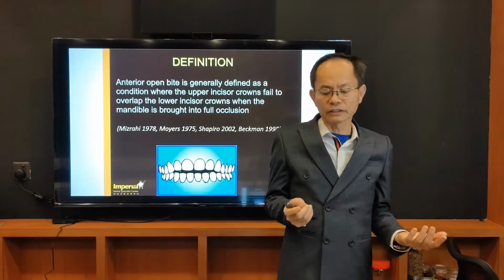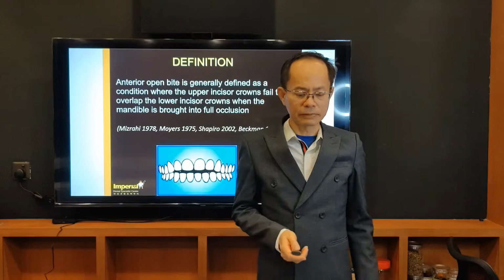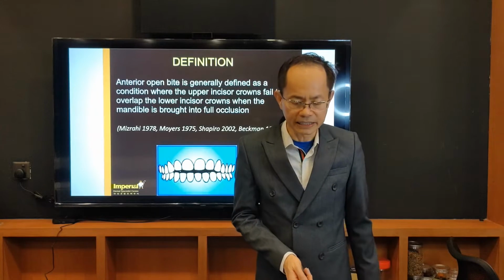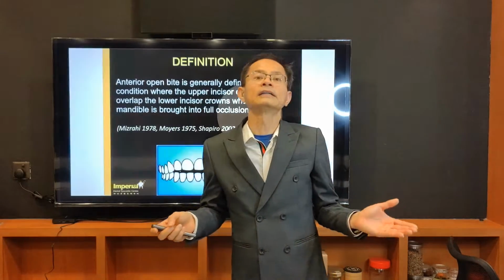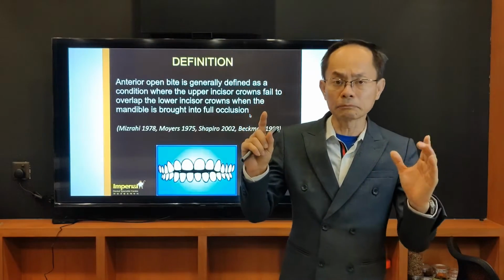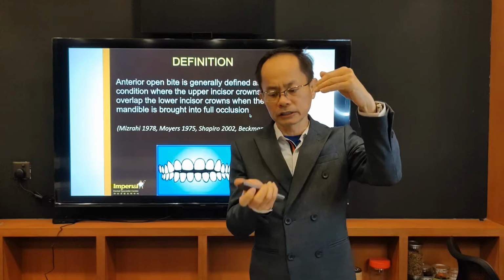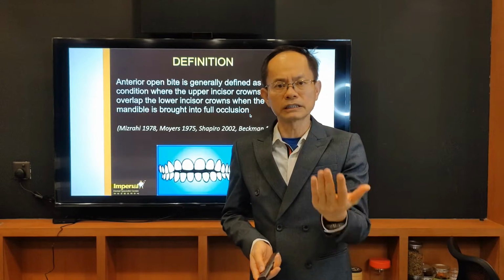This is a condition first described by Mizrahi in 1978, then followed by Moyers, Shapiro, as well as Beckman. But they only described a teeth condition. What we want to explore further is the cause.